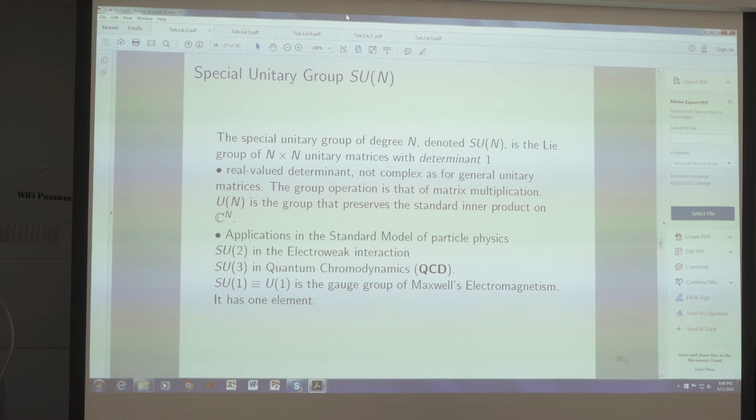SU5 is one of the grand unification groups, the Georgi-Glashow unification group. So is it SU3 cross SU2? No, SU5 contains SU3 cross SU2 cross U1. SU5 is one of the unification groups. You'll see in the next lecture that there are thousands and thousands of unification groups.